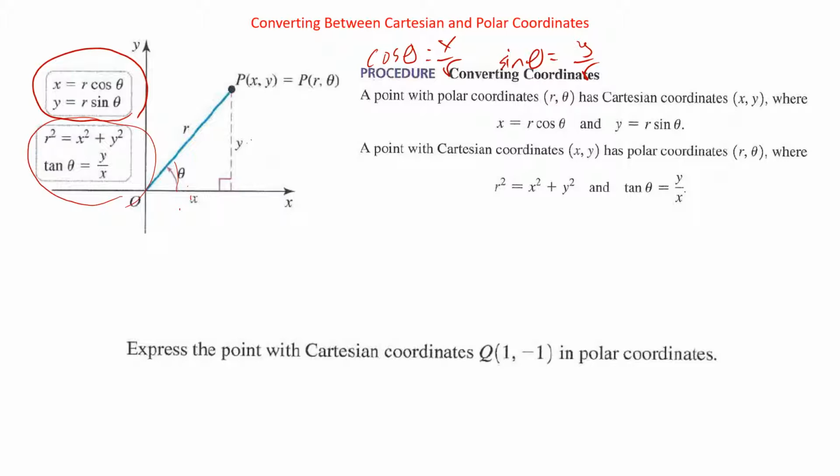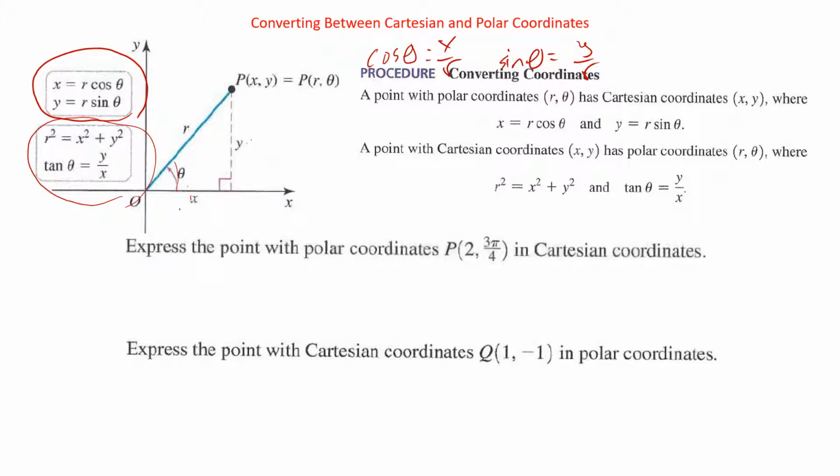So this is just spelling it out a little bit. If we want to go from polar to Cartesian, x will equal 2 times cosine of 3 pi over 4, and y will equal 2 times sine of 3 pi over 4. So cosine of 3 pi over 4 and sine of 3 pi over 4 are both going to be root 2 over 2's.